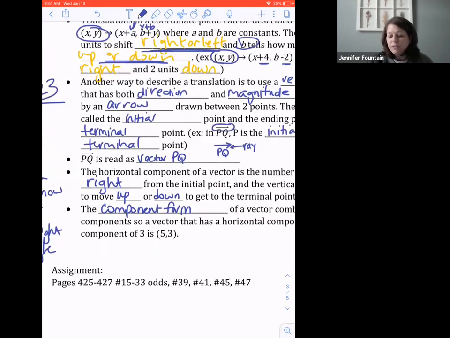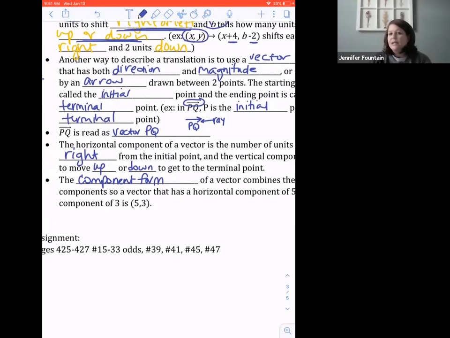Again, this is one of those things where geometry has a whole new set of vocabulary. It's all brand new. We're trying to tie it back to things that we previously have learned to be able to understand it better. So if you cannot remember these vocabulary terms, it's going to be in your best interest to make flashcards, or rewrite notes, just to practice these terms to help you remember what they mean.